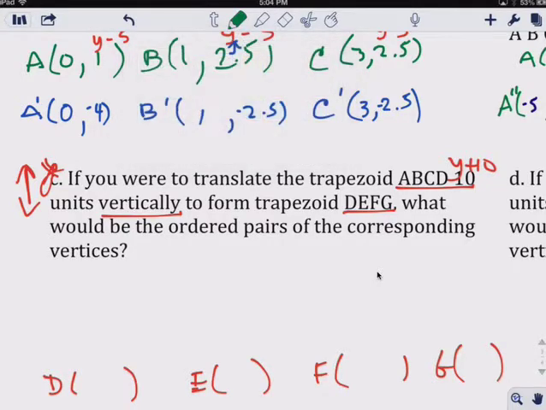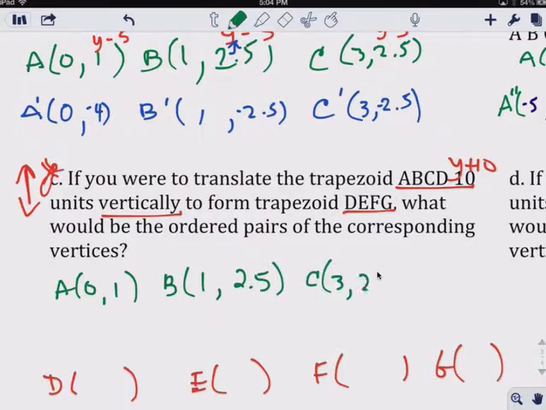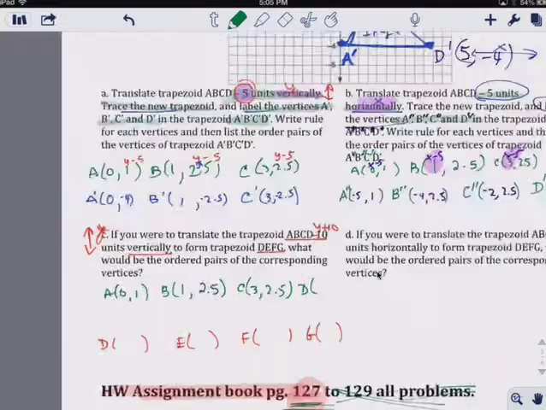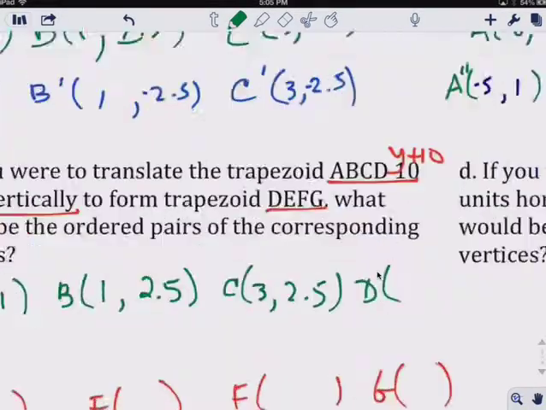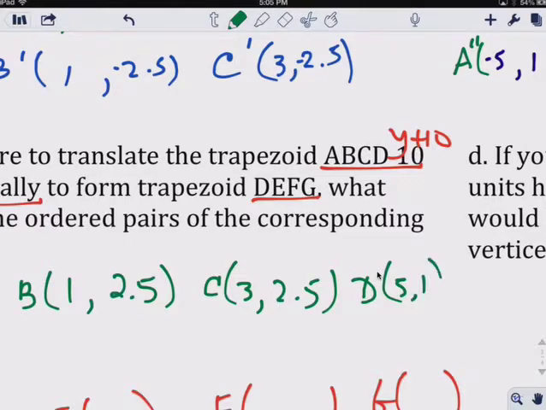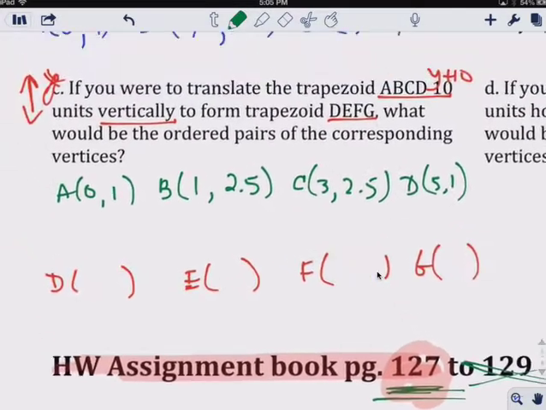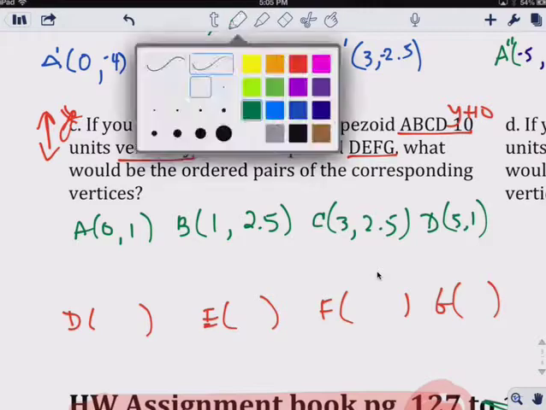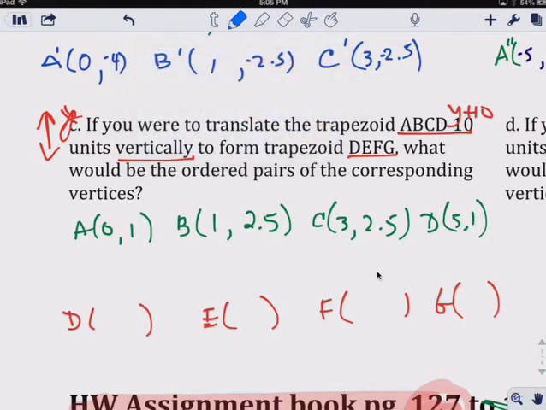So our original A is 0, 1, B is 1, 2.5, C is 3, 2.5, and D is 5, 1, I believe. Yeah, 5, 1. Okay? Now, because it's vertical, it's the y. The vertical line is the y.